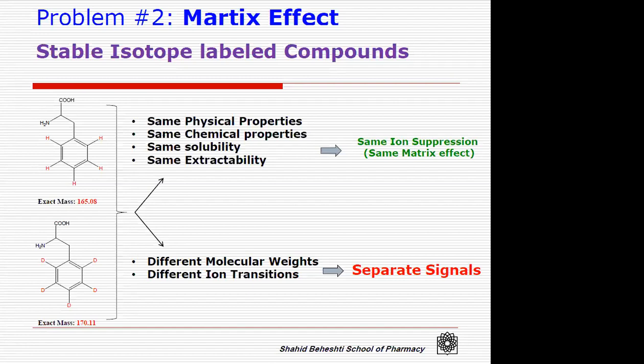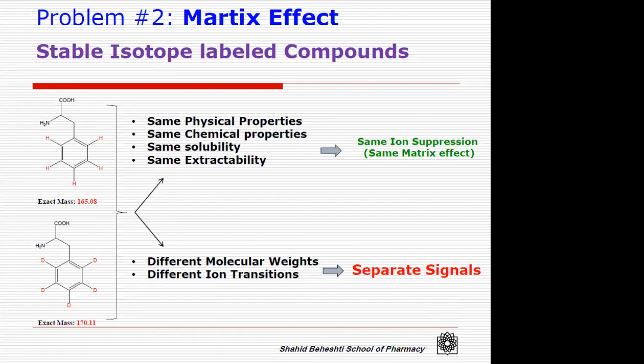I have to mention that the first one, the phenylalanine with hydrogen, is the phenylalanine that you find in nature. But you cannot find a phenylalanine in nature which has all the hydrogens replaced by deuterium.